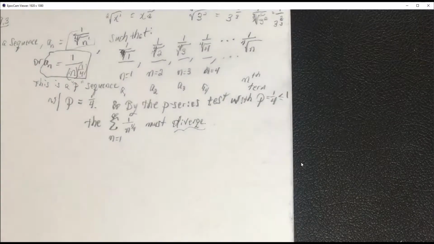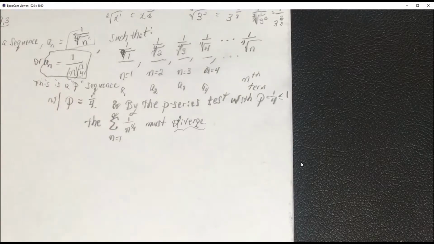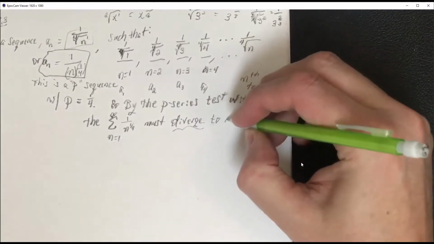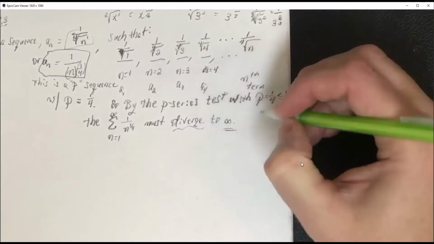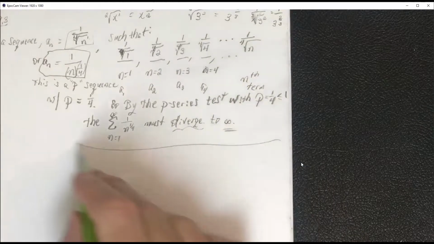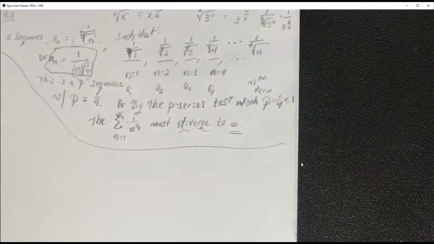They don't get closer and closer to whatever, 18, and never pass 18 or get to 18. It just keeps getting bigger and bigger forever, which means infinity. So they must diverge to infinity. Now you don't have to write to infinity, but it should make sense. Any questions here?